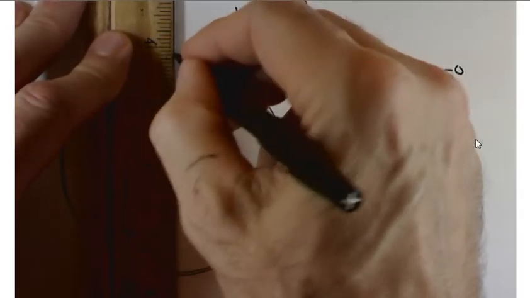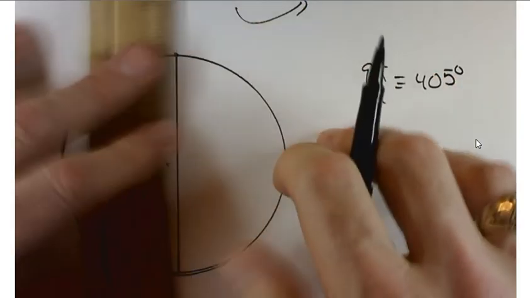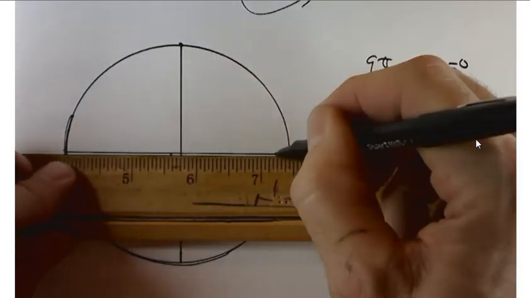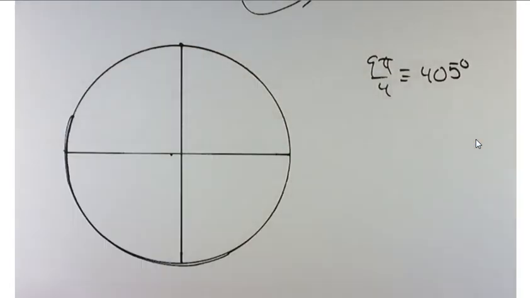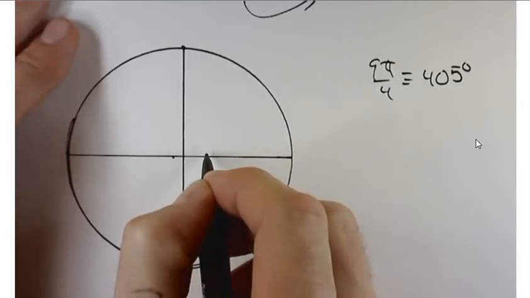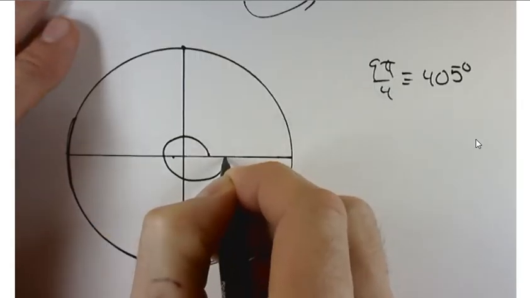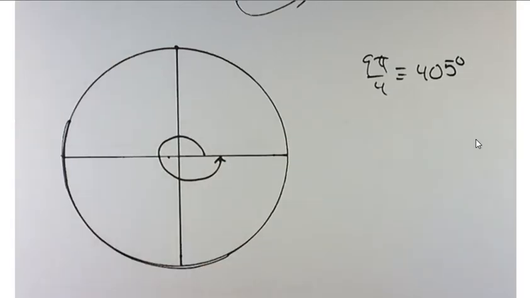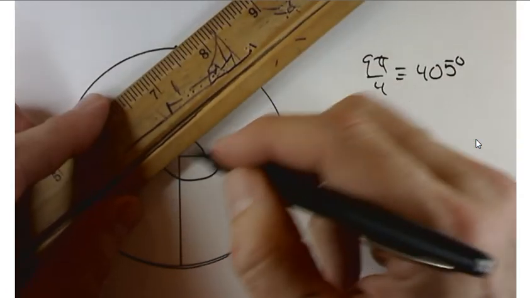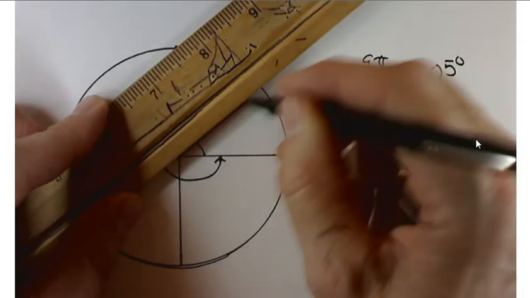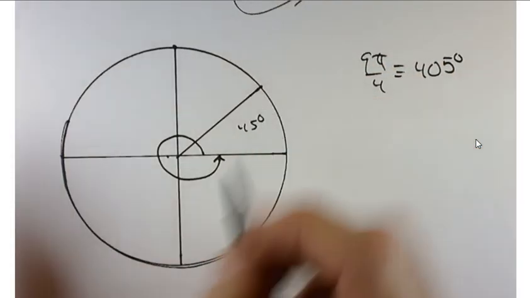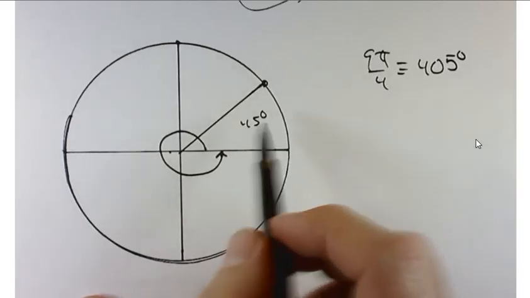All right. Now, a 405-degree angle is once around, and once around is 360, and then another 45 degrees. So we end up here in one of two ways.